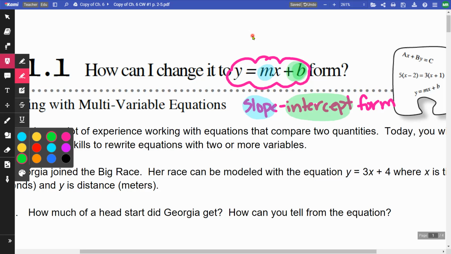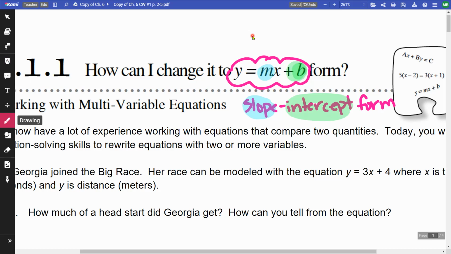And when I say intercept, I mean y-intercept, okay? So again, m is equal to slope, and our b is equal to the y-intercept. And again, we call that slope-intercept form.